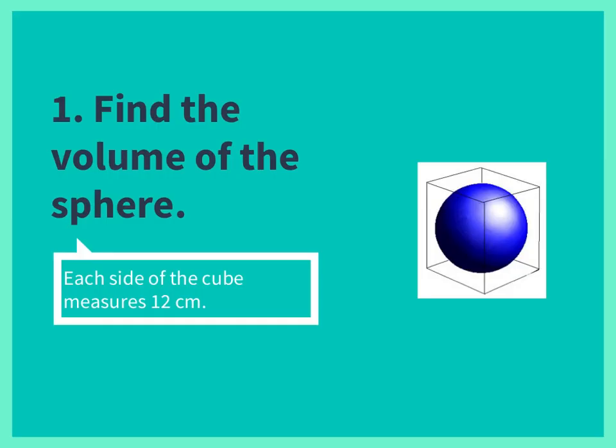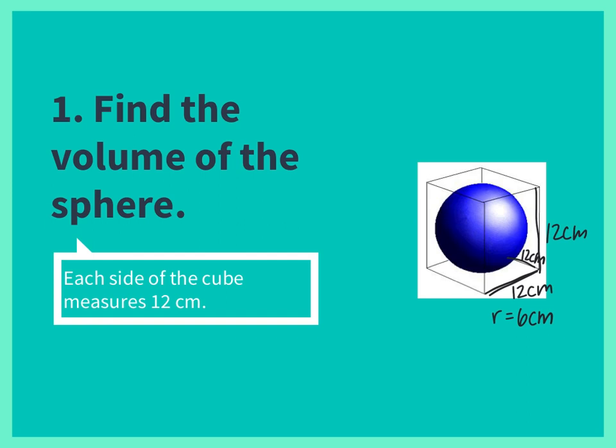Let's take a look at some examples. Here it says to find the volume of a sphere where each side of the cube measures 12 centimeters. So here this is 12 centimeters, 12 centimeters, or here's 12 centimeters. What this tells us then is that our radius of the sphere is 6 centimeters because it's half of that diameter of 12.